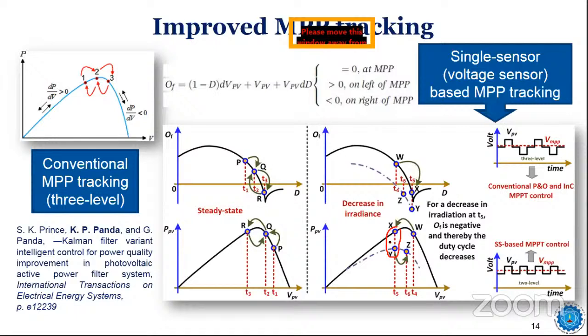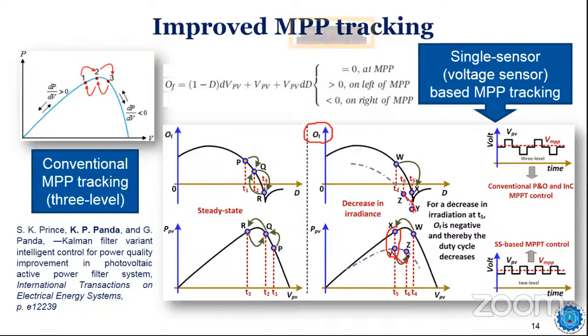At Y, if you see the objective function, because I told you the decision will be taken based on the objective function, you can see the objective function is negative. If it is negative, I told you how the movement should be: now towards the other side.